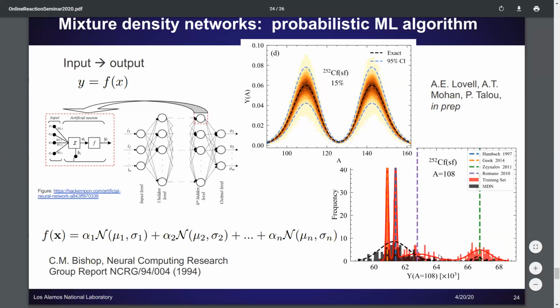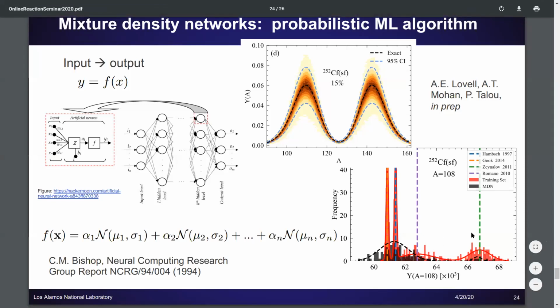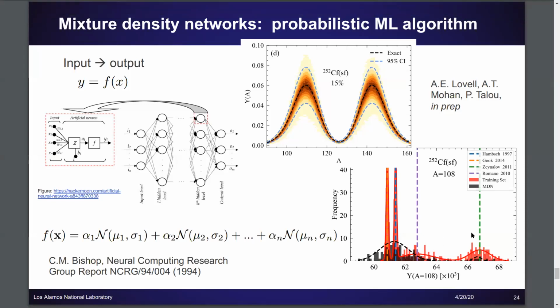So we've been looking at seeing how we can use this to do fitting, propagate uncertainties, maybe emulate data sets, and sort of rigorously take into account these different sets and different uncertainties.